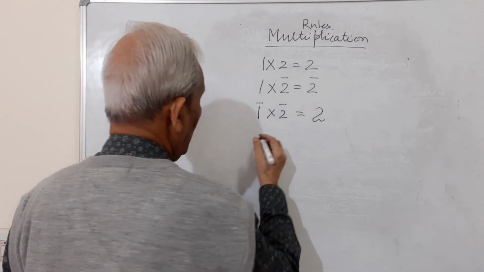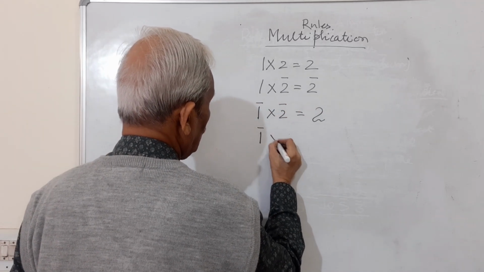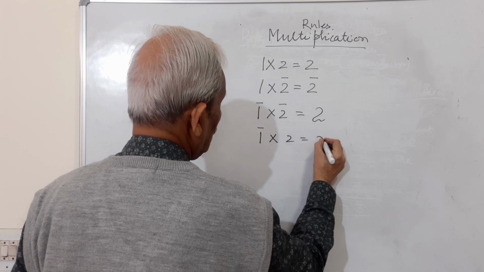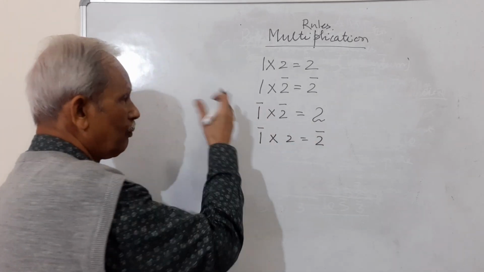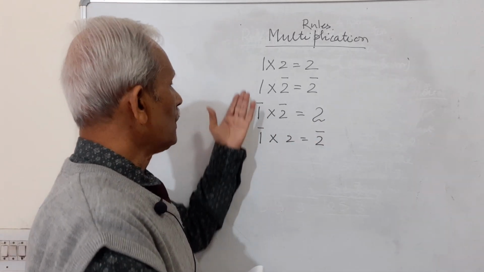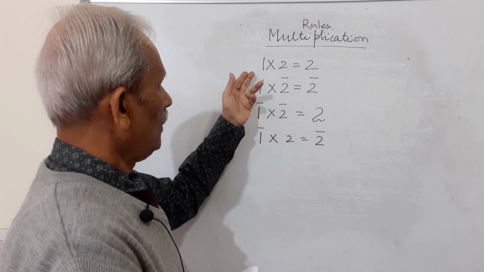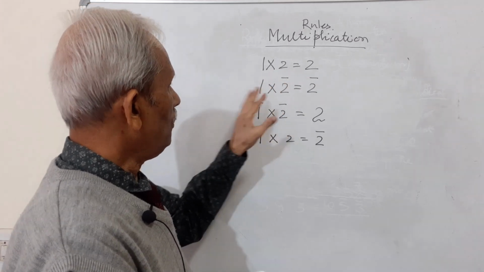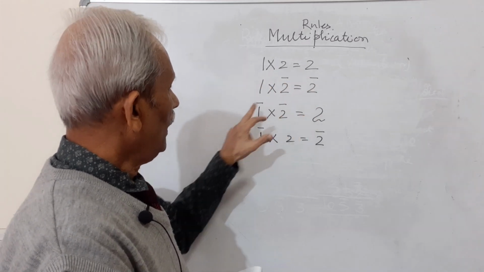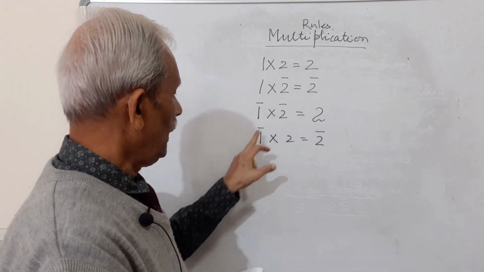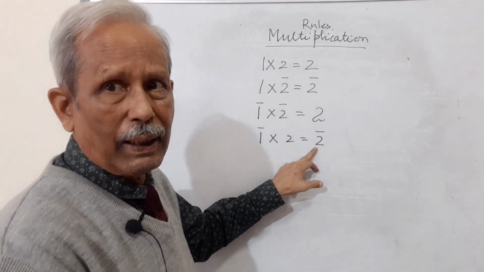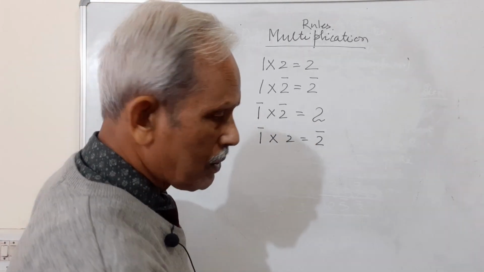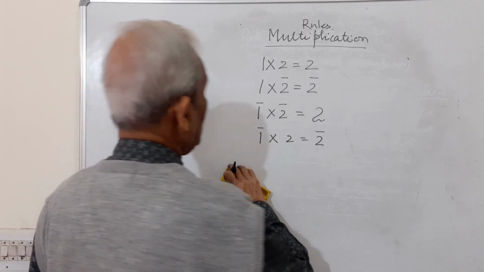And if it is 1 bar into 2, definitely it is again 2 bar, right? So positive into positive is positive, positive into negative is negative, negative into negative is positive, and negative into positive is also negative, right? So remember this for your multiplication.